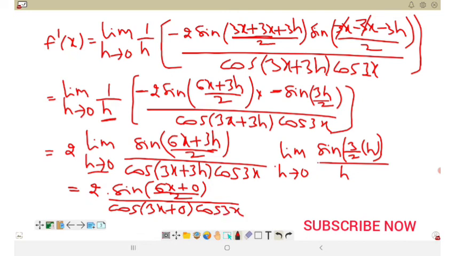So here limit x tends to 0 of sin ax by x formula is a. So here a is equal to 3 by 2.